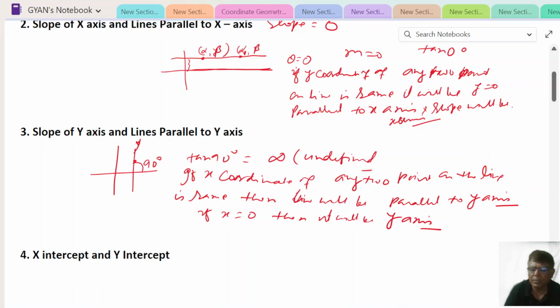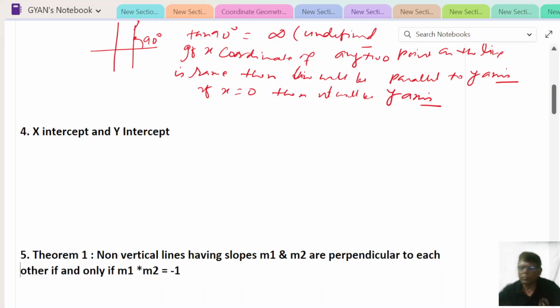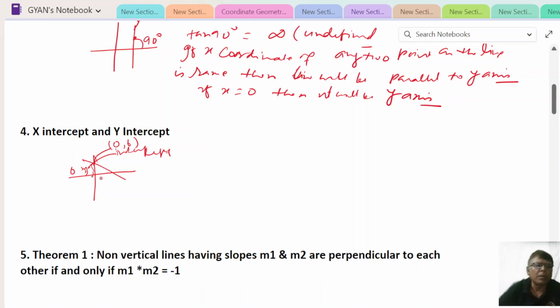Now come to the intercept. Suppose this is a line. This will be the y-intercept. If the y-intercept is b, then this coordinate will be (0, b). And if this is a, then this is the x-intercept and this coordinate will be (a, 0).